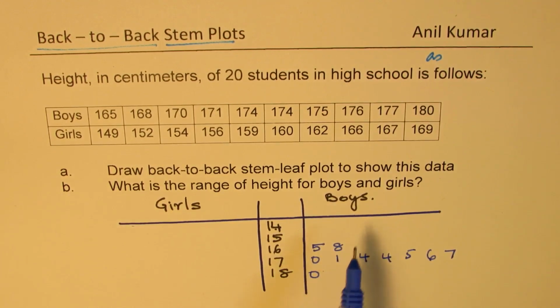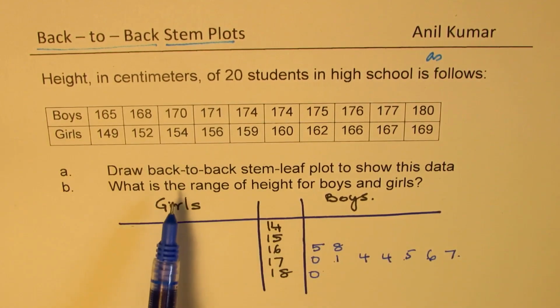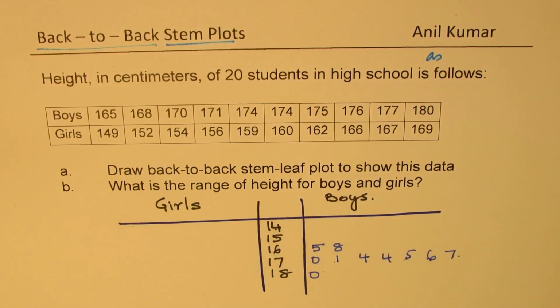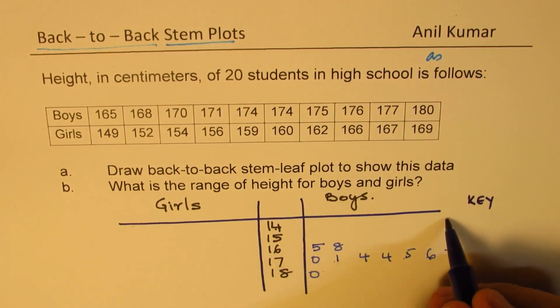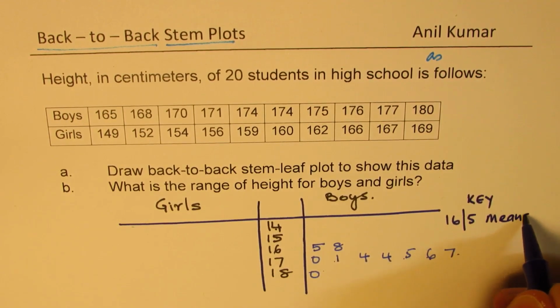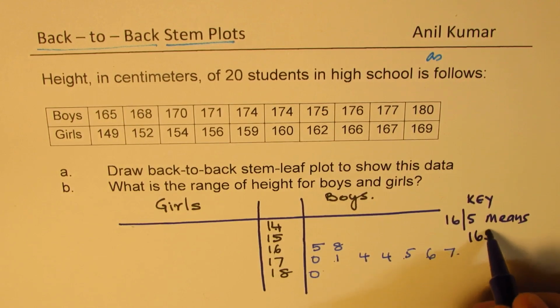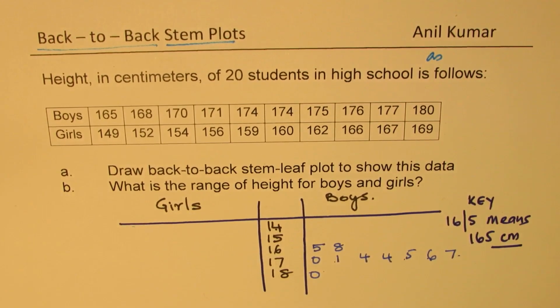So these are the 10 data elements, 1, 2, 3, 4, 5, 6, 7, 8, 9, and 10 for the boys. Now, the key here is that 16 and 5 means what? It means 165 centimeters, correct? That is what it means.